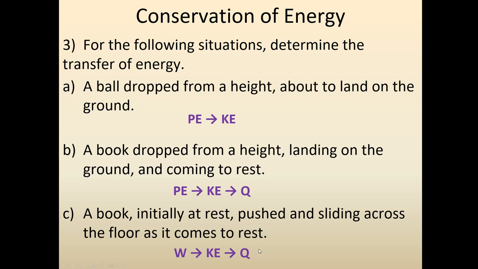So that's the whole point of determining the transfer, the flow of energy. You should be able to read a scenario and identify how the energy is going from one form to the other. If you can do this, then there will not be any energy problems that you won't be able to do.